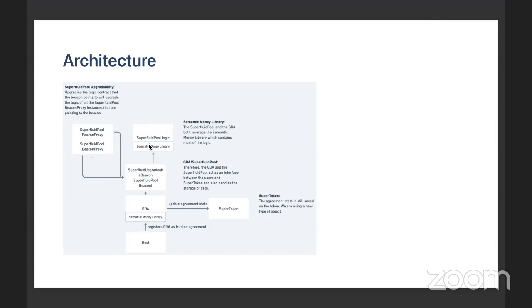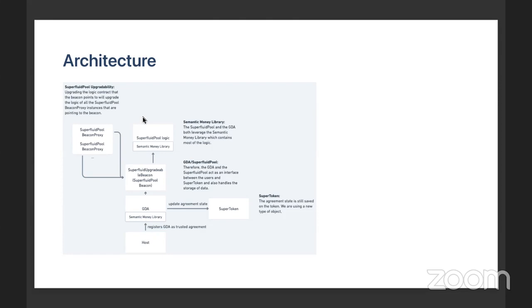So a lot of the logic, you're giving some inputs, but this library gives out the output, and all we're doing is taking the output and then saving it in the super token via the agreements or Superfluid pool. So actually, it's all done through the agreement, and the access control is granted through the registration of the GDA through the host.